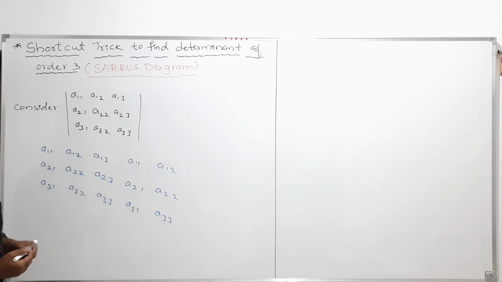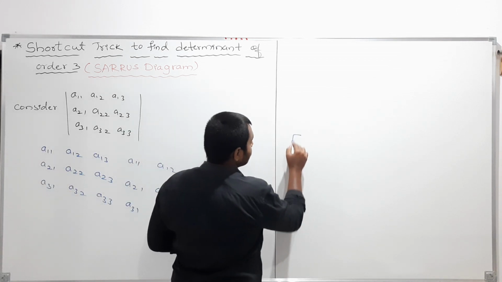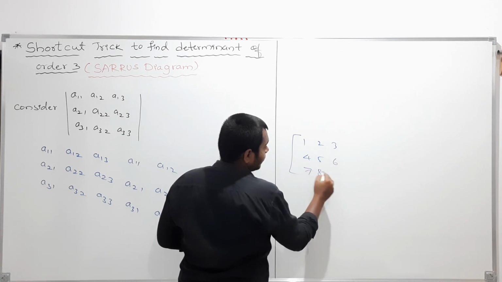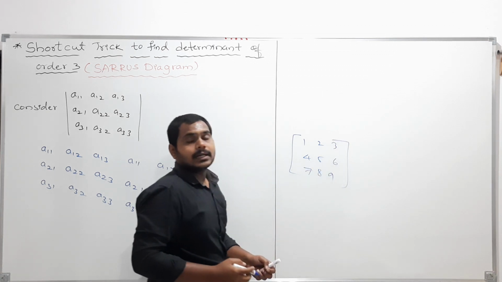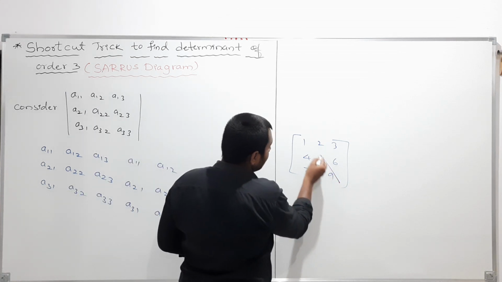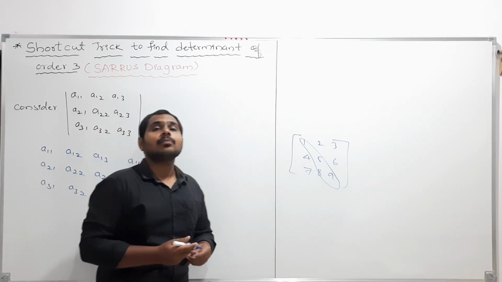After writing this, my dear students, please remember, in any square matrix, if I consider this square matrix with elements 1, 2, 3, 4, 5, 6, 7, 8, 9, in a matrix we can call these the diagonal elements. That we discussed in the topic matrices.